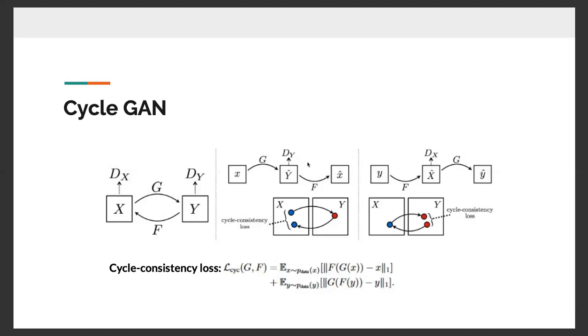So sometimes, of these two loops, we can only use one of them, since we do not have the original Y image here. And for the cycle consistency loss, we're using the L1 loss here. This is also an empirical choice, because the L1 loss in GAN training often performs better than the L2 loss. Okay.